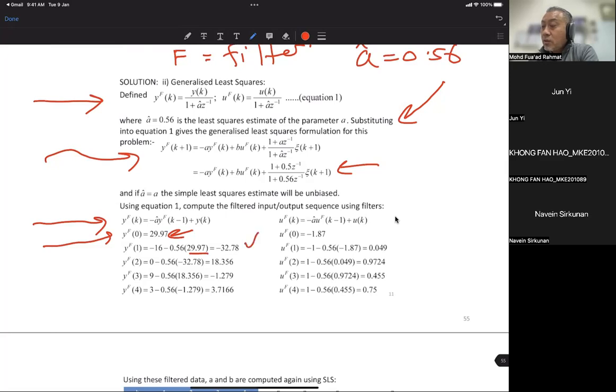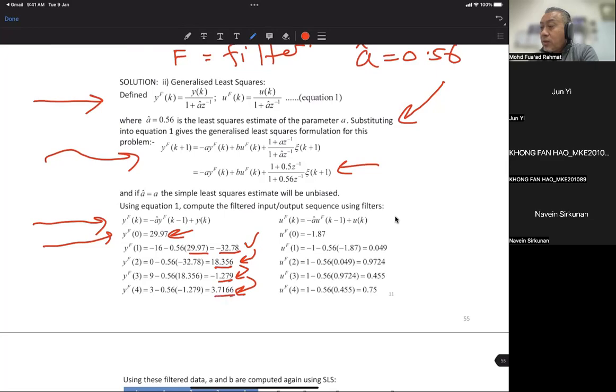You get minus 32.78. This value will go to the second equation, the second answer will go to the third equation, and the third answer will go to the fourth equation. So this is for YF1 until YF4, and we get these values.